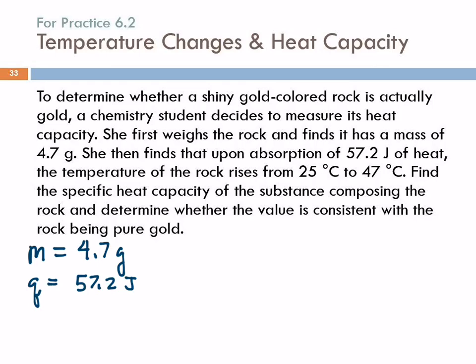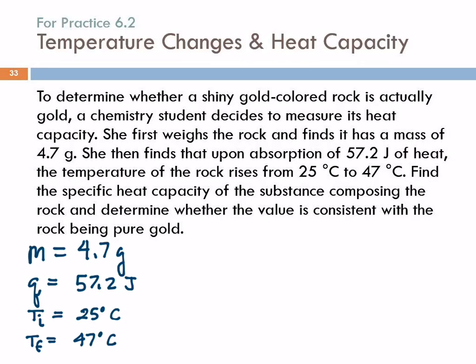The temperature of the rock rises from 25 degrees Celsius to 47 degrees Celsius. So we have two temperatures there. We have a temperature that's 25, and we have a temperature that is 47. So it went from 25, so that's initial, and the final is 47.